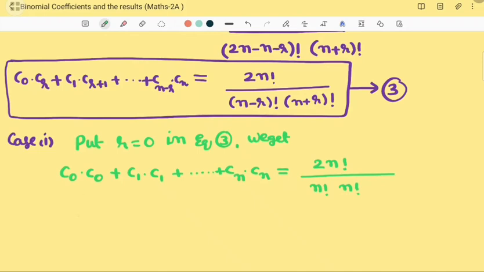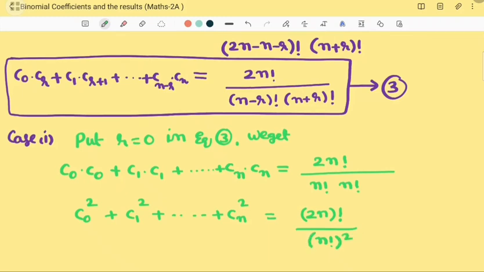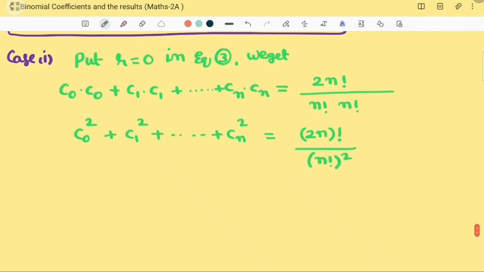So C0 square plus C1 square plus and so on, Cn square is equal to 2n factorial by (n factorial) whole square. This is the first result. What they are asking to prove, we got it.